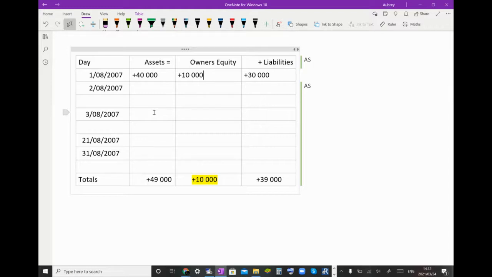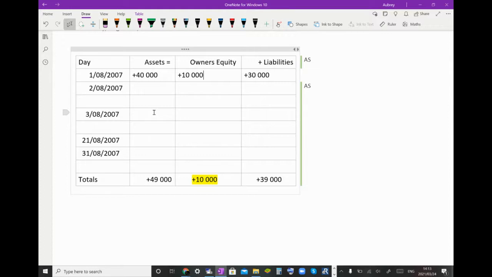If I sell something and get 50,000 Rand, and I decide to pay off some of this bank loan, how does that affect my liabilities? It's going to lower them, so I have a minus 50,000.